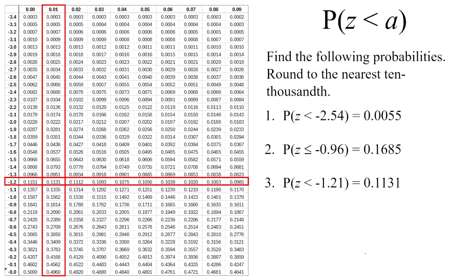The probability that z is less than negative 1.21: the negative 1.2 row and the 0.01 column. Their intersection is at 0.1131. Therefore, that probability is 0.1131.